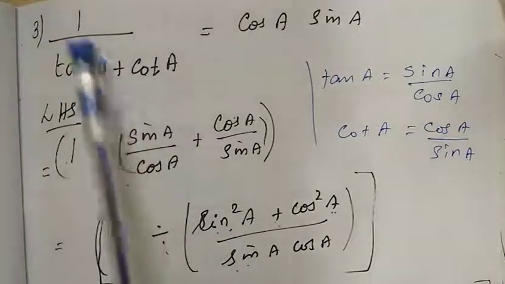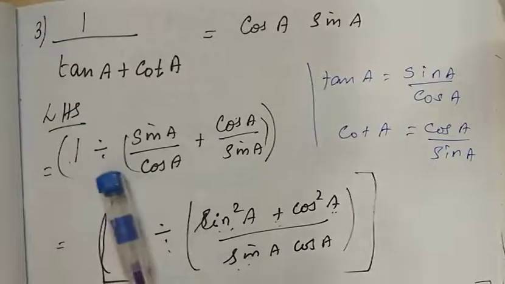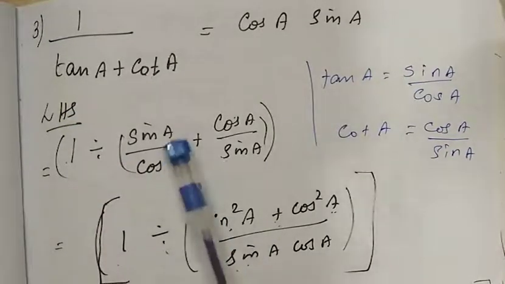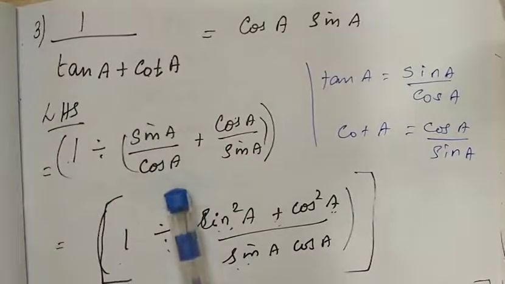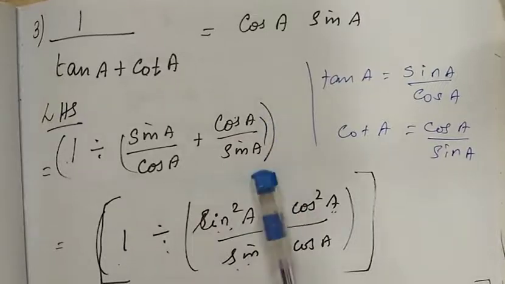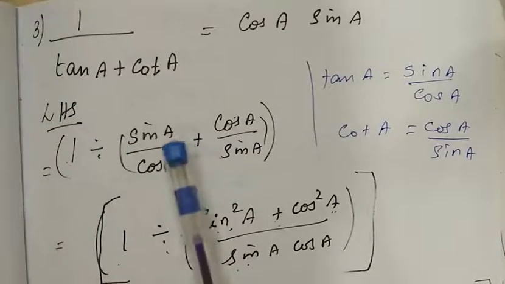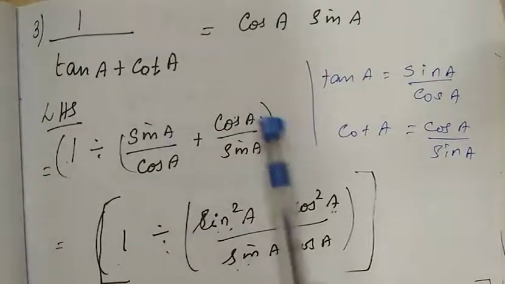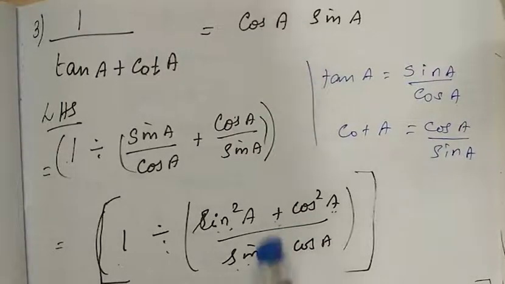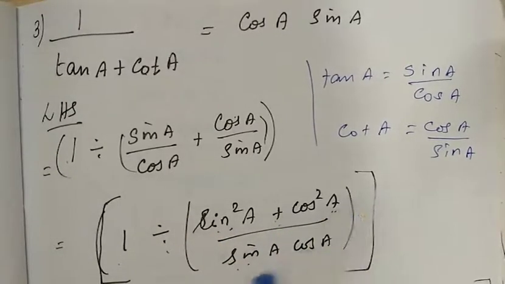So let us take left hand side. 1 divided by tan A, which is sin A upon cos A, plus cot A, which is cos A upon sin A. So in the place of tan A, write sin A upon cos A, and in the place of cot A, cos A upon sin A. Now take LCM and you will get 1 divided by sin squared A plus cos squared A upon sin A cos A.